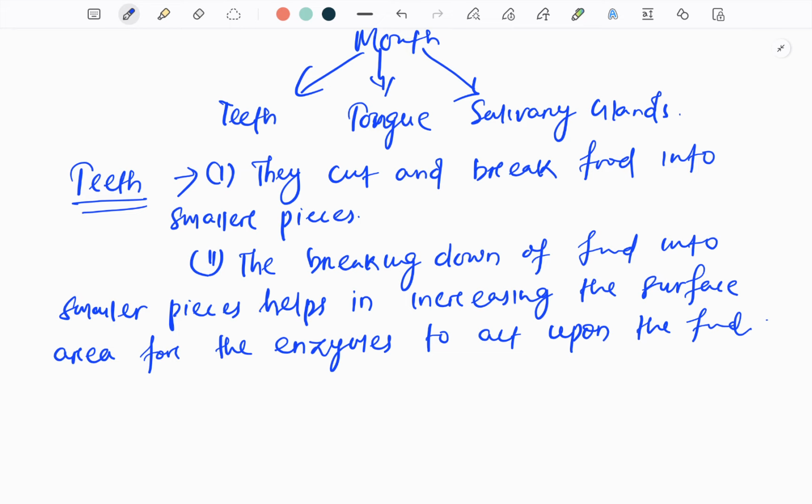There are a lot of enzymes secreted by different glands associated with the process of digestion. One of the enzymes is secreted by salivary glands, which is called salivary amylase. We will discuss about it later.